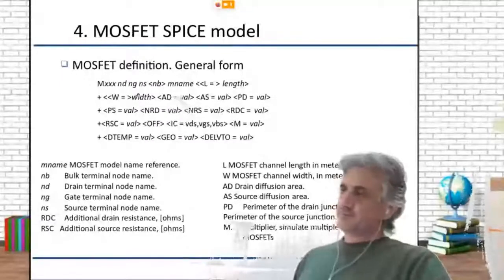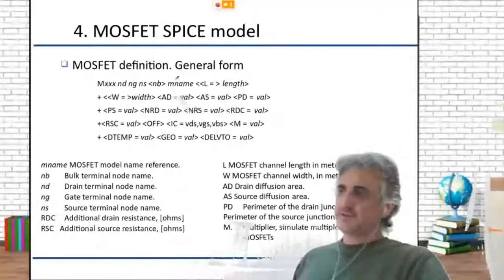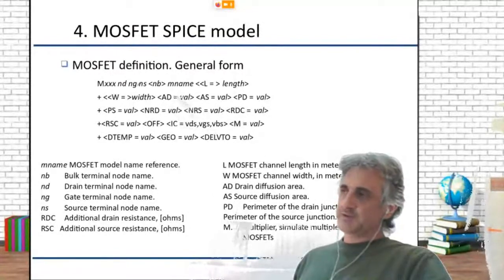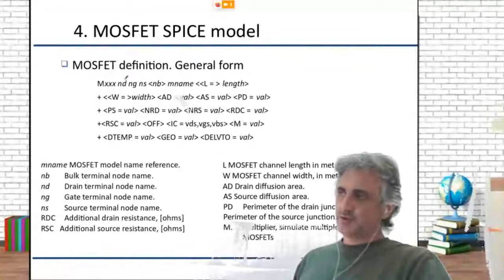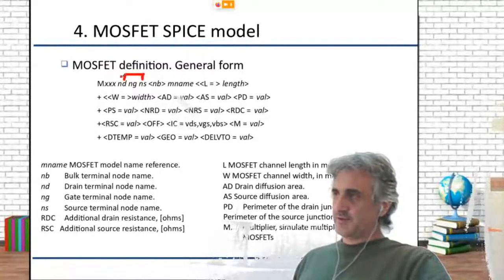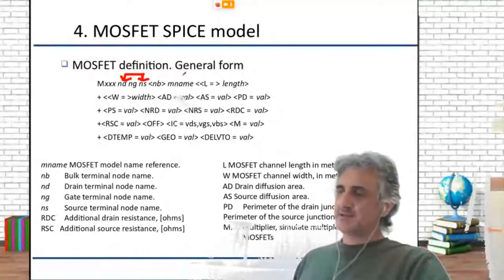So, for the MOS transistor, we have the most basic thing, which is the M plus the label plus the nodes in this order: drain, gate, and source. Notice that by construction, the drain and the source are symmetrical.